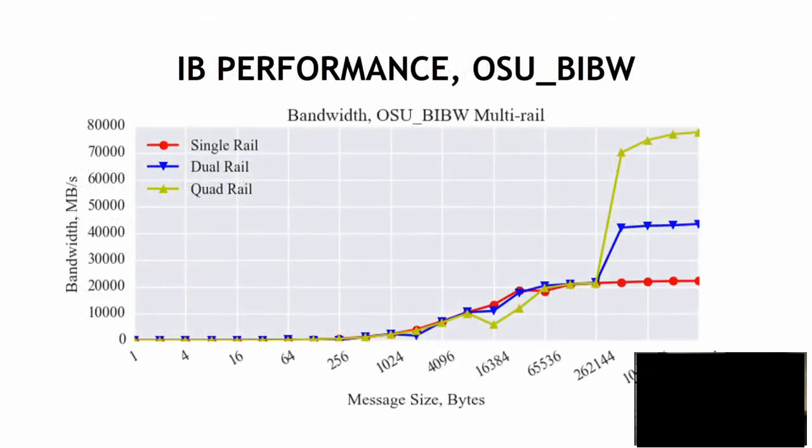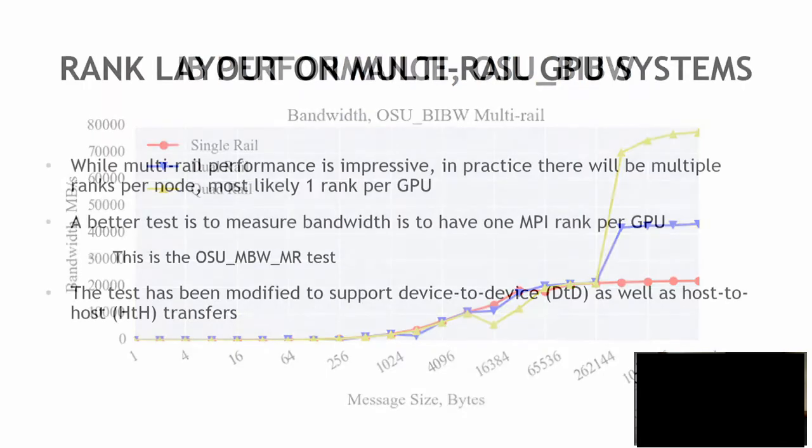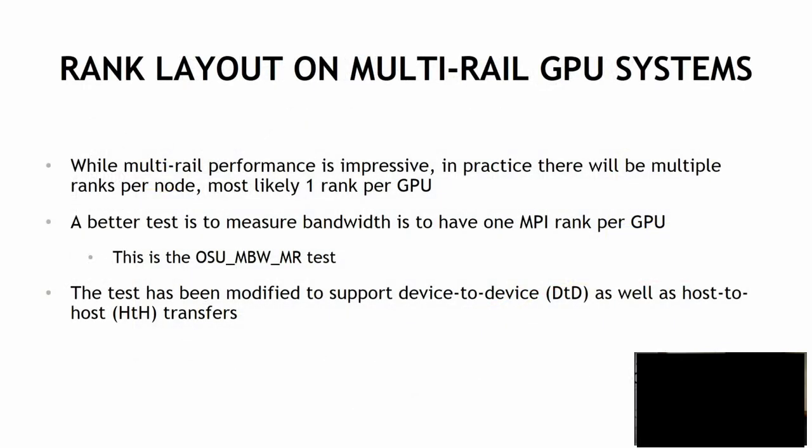But this is bidirectional bandwidth, which peaks out at about 77 gigabytes per second bidirectional from the single rank. So it's not as efficient as the other side, but it's still pretty darn good that you can realize 77 gigabytes per second bidirectional from two ranks across 2 nodes using forward links.